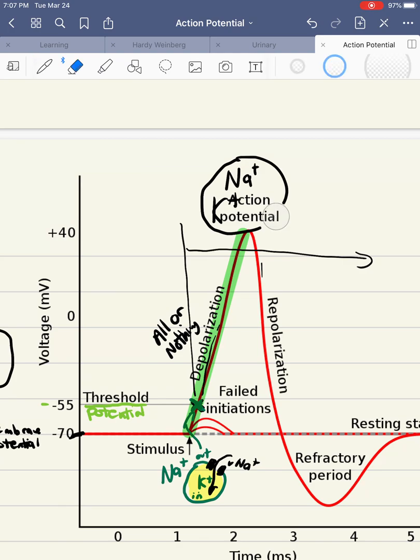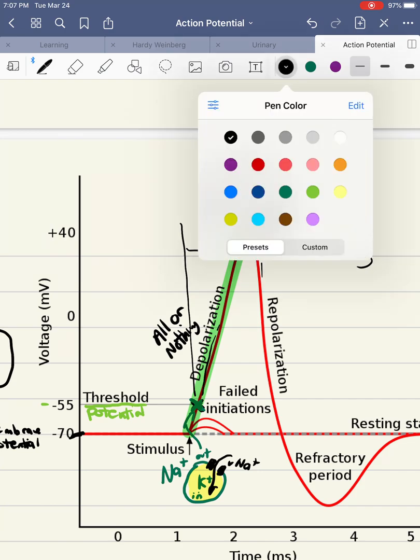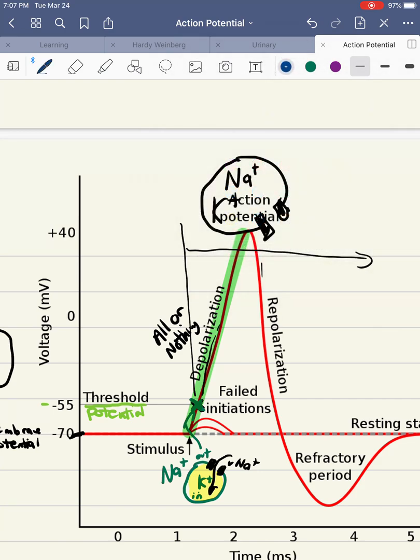What's going to happen next? At about positive 40, we actually activate another set of channels. Not the voltage-gated sodium channels, right? Because at positive 40, the voltage-gated sodium channels will close.